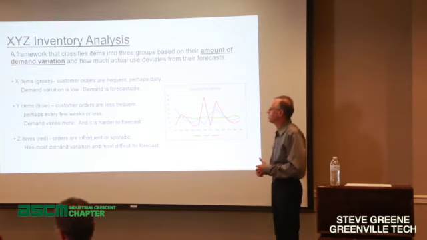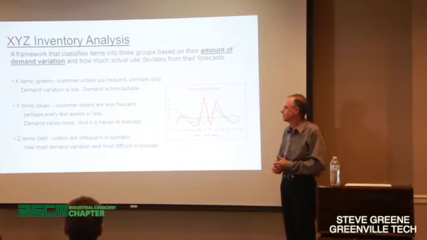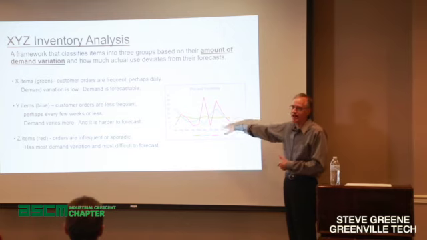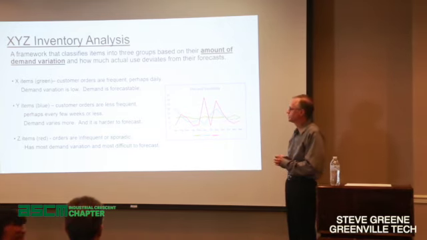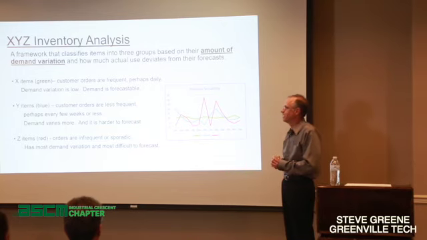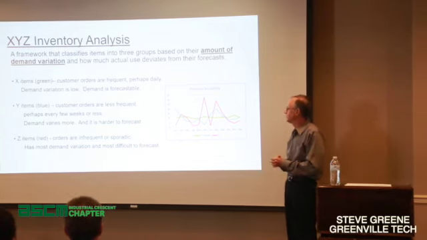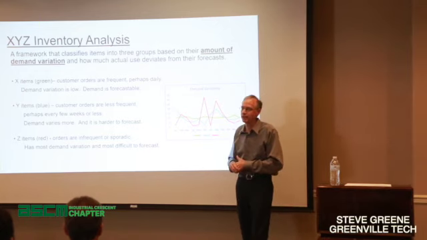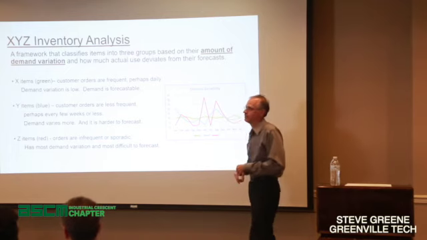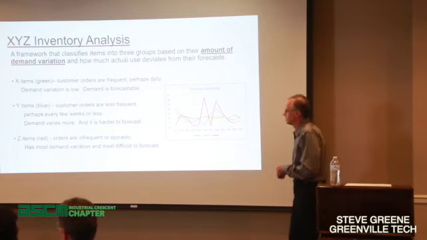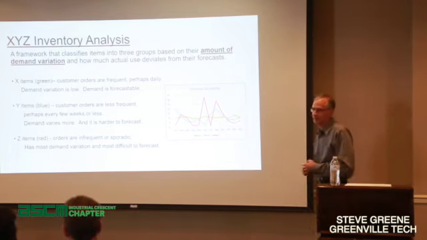Demand varies more, and it's harder to forecast. So that may have some seasonality in that demand. But regardless, demand varies more. And the Z items, which is the zigzagging red line, the orders are infrequent and sporadic, and it has the most demand variation, and it's most difficult to forecast.